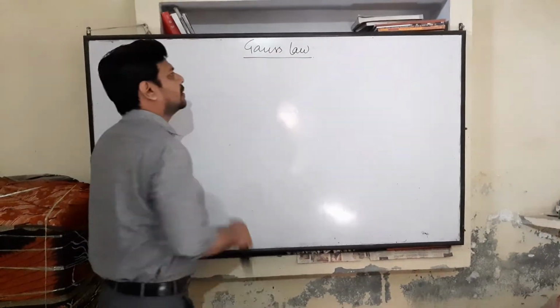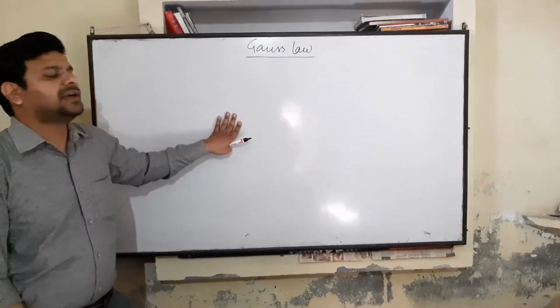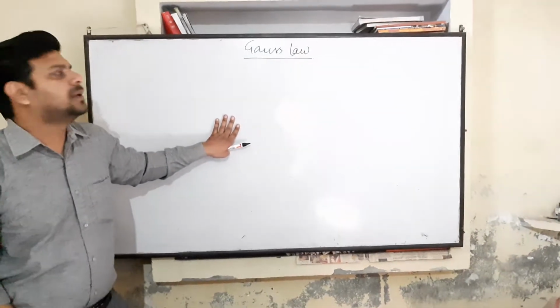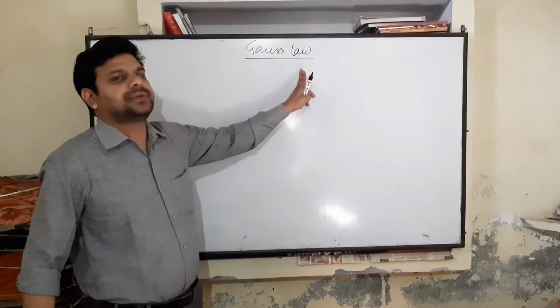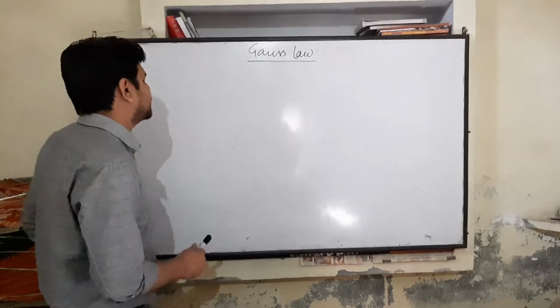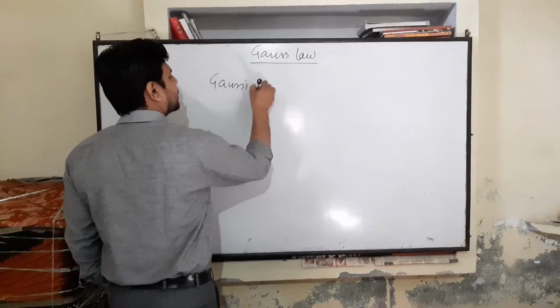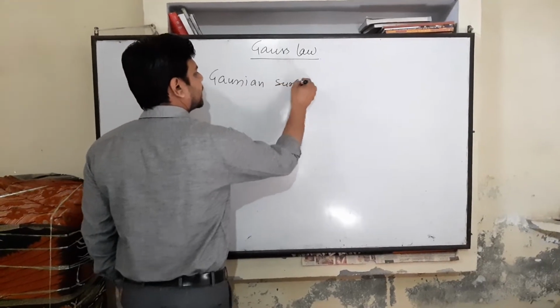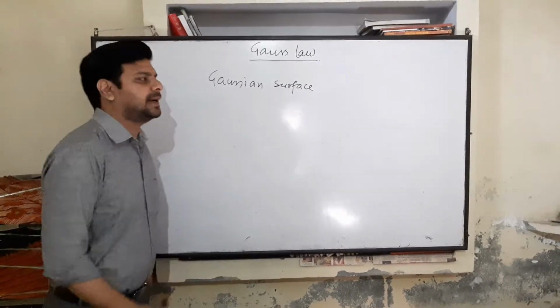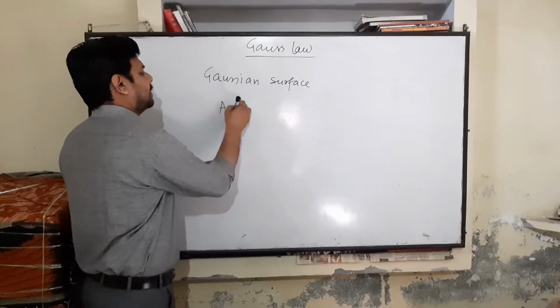Before explaining Gauss law, there are some special terms used in this topic: Gaussian surface and area vector.